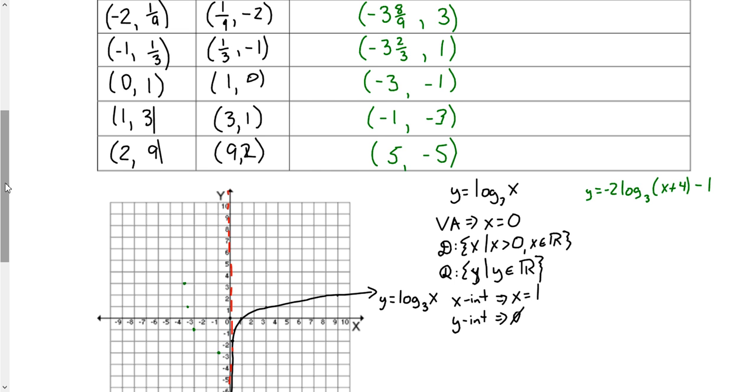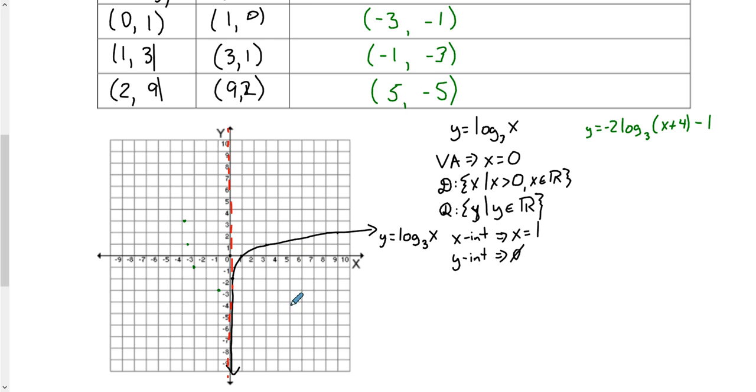And 5, negative 5. So it's a little bit harder to see this one. If you connect the dots, or try your best to connect those dots, our new graph looks like this.